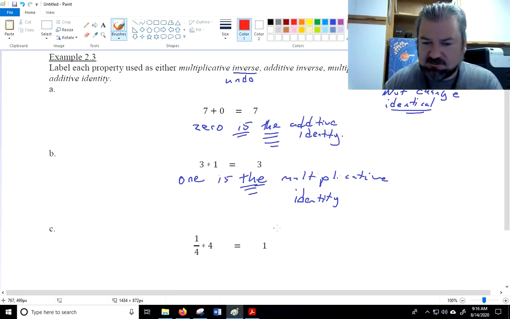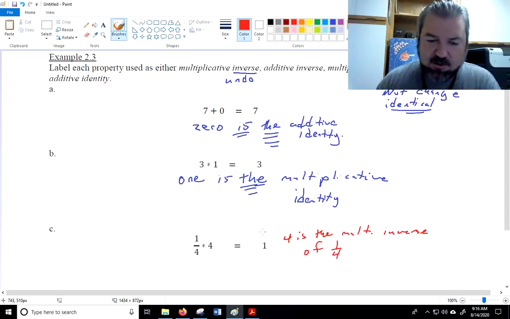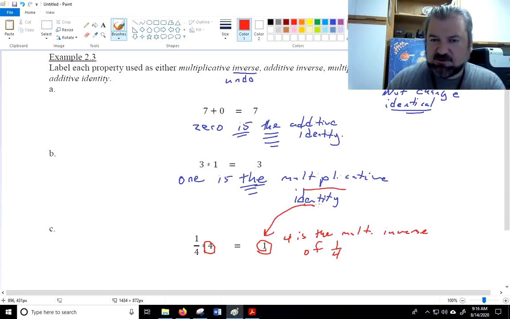Let me write that down. 4 is the multiplicative inverse of 1/4. Why? How do I know that? Well, when I multiply 1/4 by 4, what do I get as a result? I get the multiplicative identity. So an inverse gives you back the multiplicative identity.